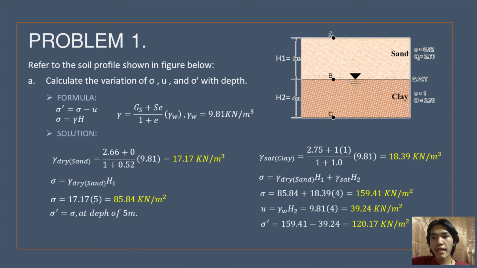Now for the unit weight of the saturated layer, which is the clay, that would be equal to (2.75 plus the degree of saturation 1 times 1) over (1 plus 1) times the unit weight of water, which is equal to 18.39 kilonewtons per cubic meter.